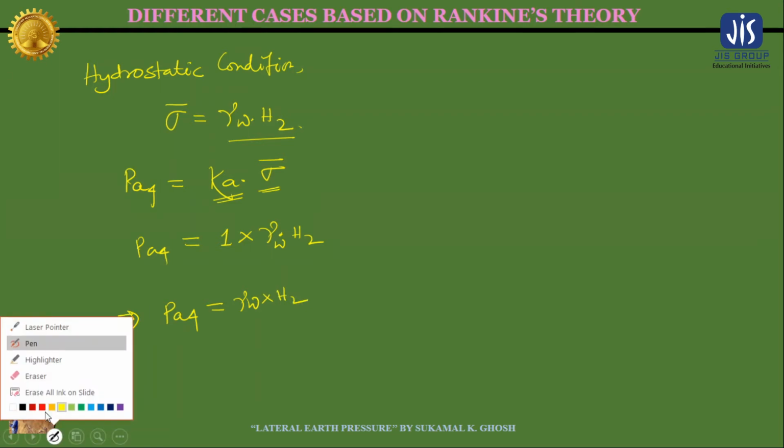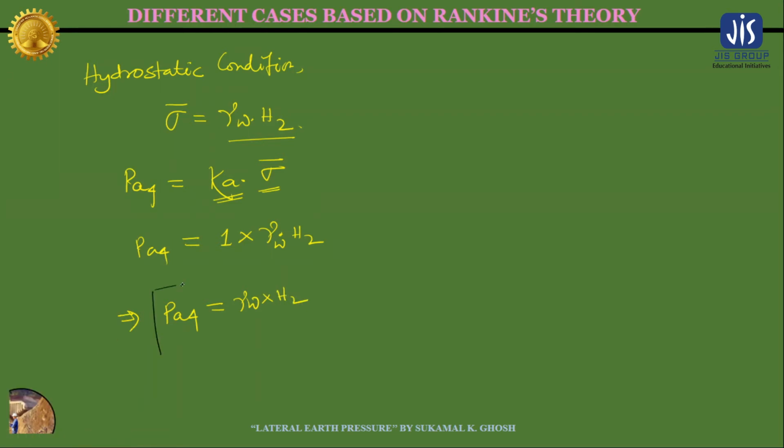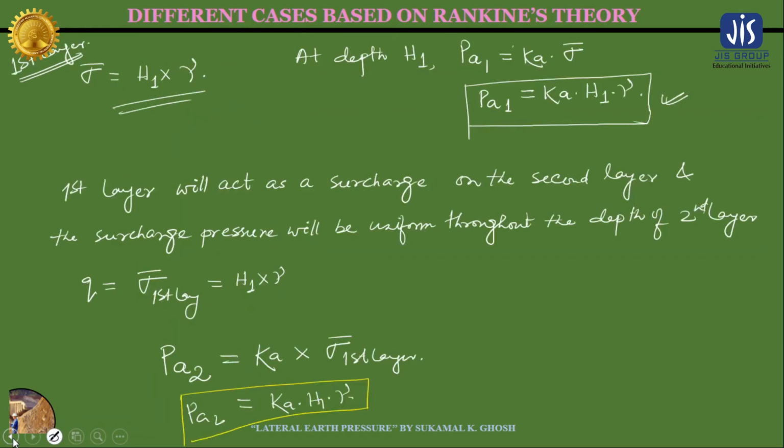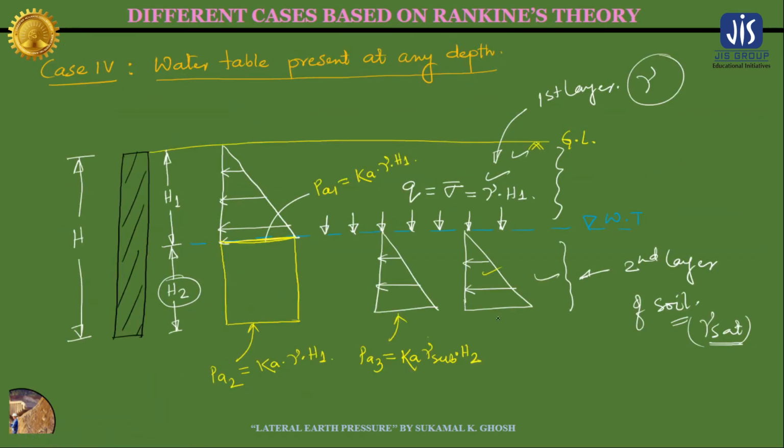Okay. This PA4. Now let me write it here. Here the PA4 is gamma W into H2. Now what will be the total active earth pressure?